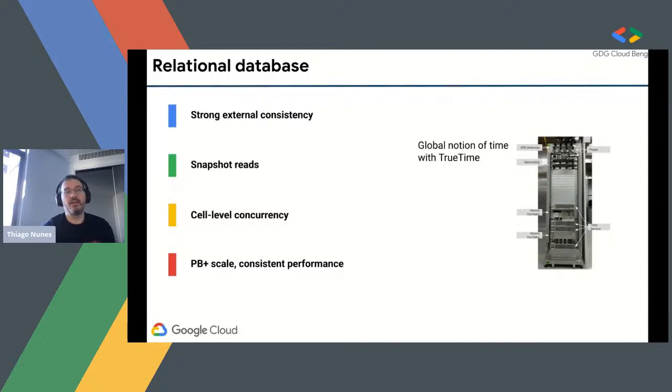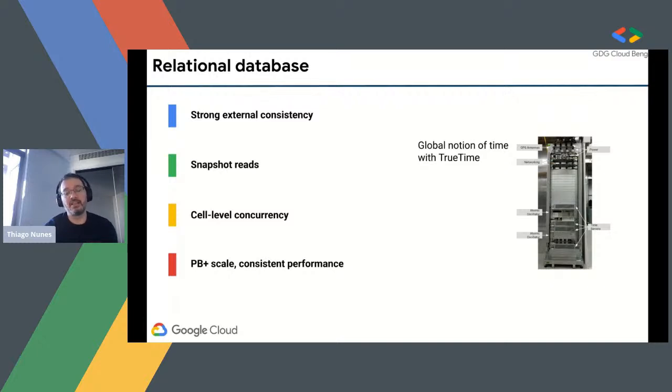Spanner makes sure that if a transaction is executed and completed before another transaction starts, then the client that sees the second transaction will also see the first one. So it's important to highlight that although Spanner uses several machines to compute your transactions, they all seem to the client as if they were executed sequentially, right?